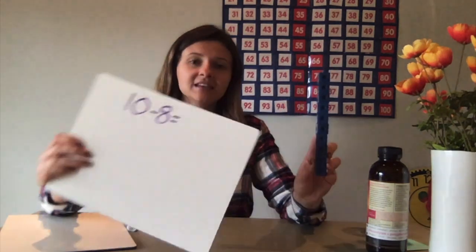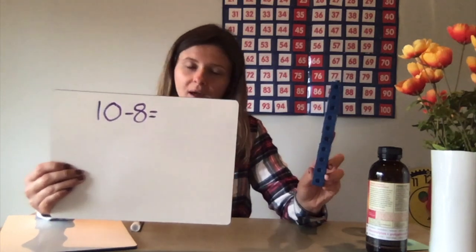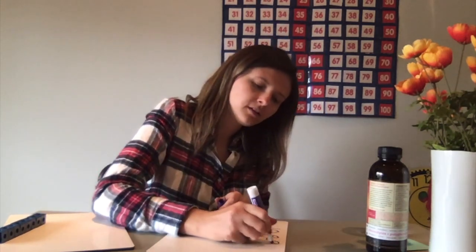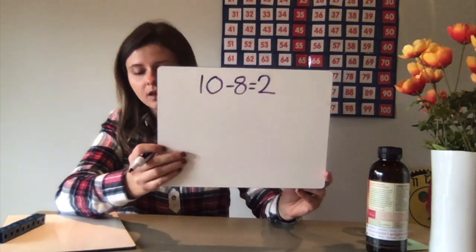So if I'm saying 10 minus 8, that means 10 take away 8. So I'm going to take 8 of these off. So here's 8. I'm going to take them away. And how many do I have left? 2. So I have 10 minus 8 equals 2.